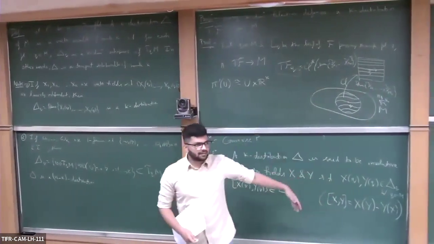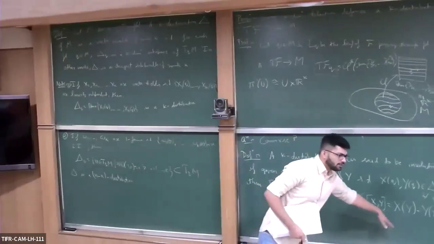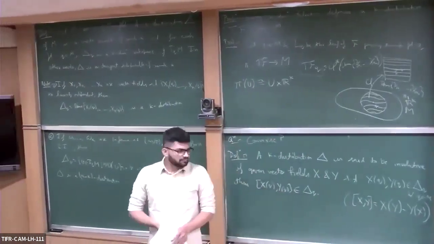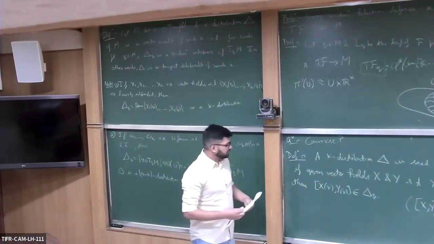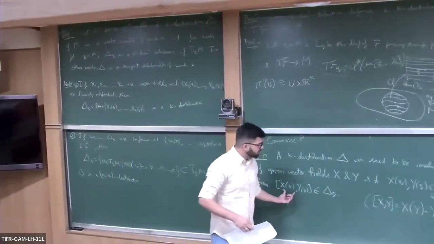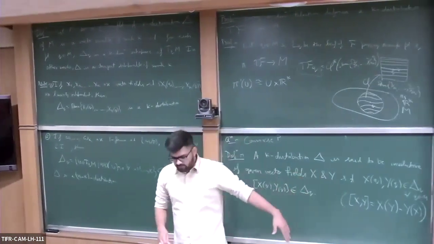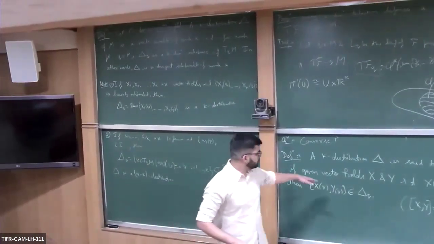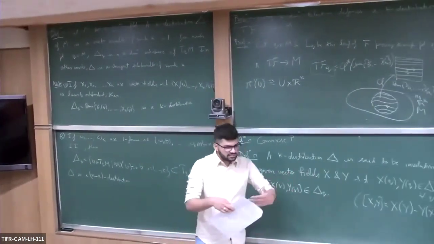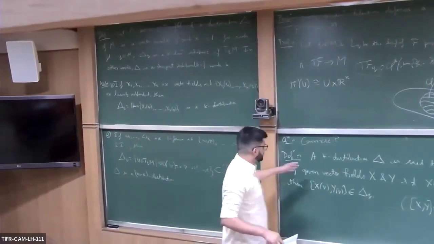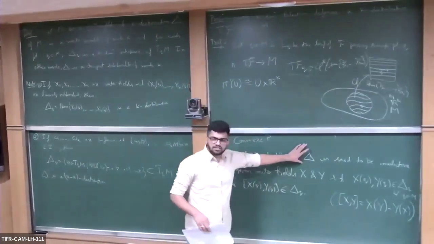So it's kind of the commutator of X and Y. If the Lie bracket of any two vector fields which correspond to this distribution is again in the same subspace, the same fiber, we say this distribution is involutive.